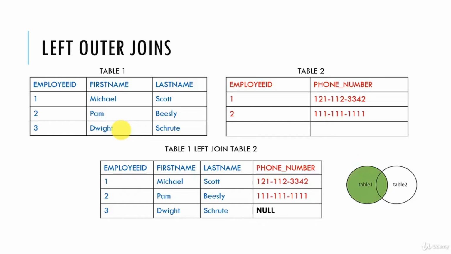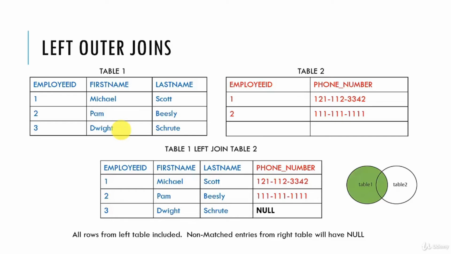If we have to imagine this a little bit visually, you say take everything from table 1 and all things that are common, and then whatever didn't match, replace it with a null. All rows from left table included, non-matched entries from right table will have null. So this is the main difference.